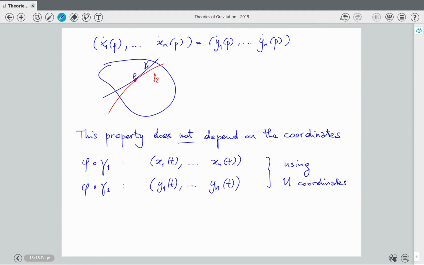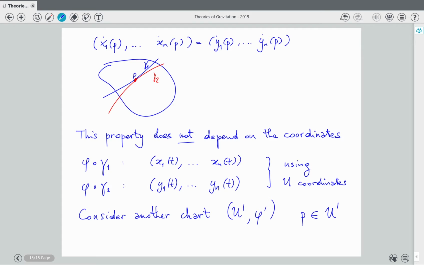Then take another chart, which we denote by the pair u prime, phi prime. And you assume that P also belongs to U prime.